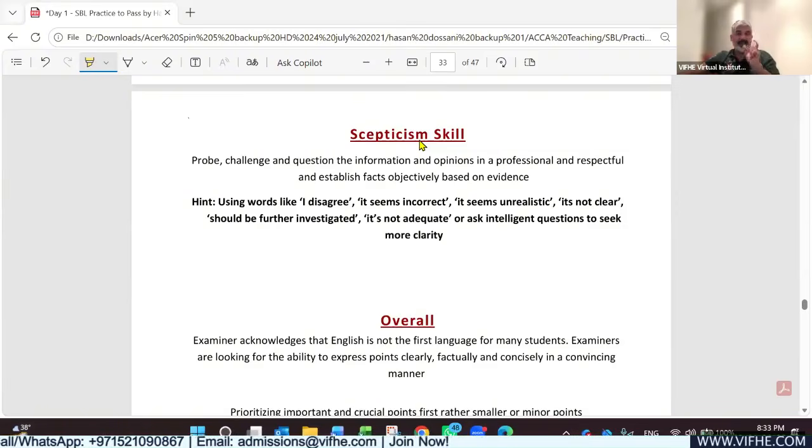Is that clear? What are those fact words? There are many possible words.